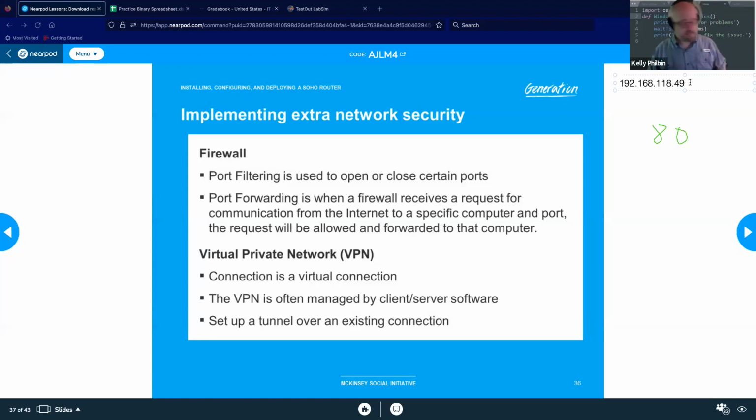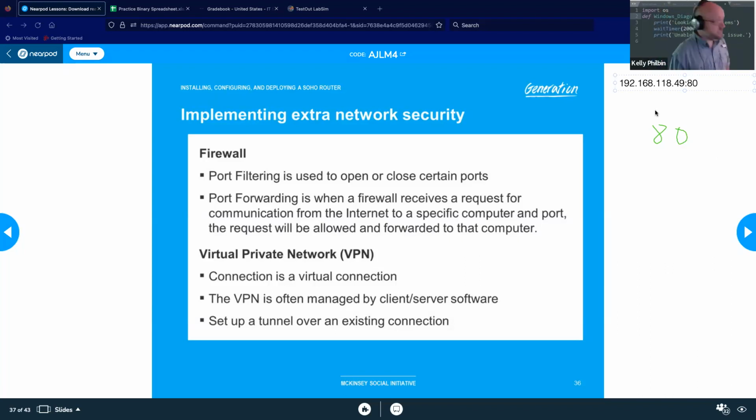And how I would typically interact with this camera is I would go into my web browser and type in 192.168.118.49:80. So that tells me which port I'm going to interact with when I come into this network. And typically that would grant me access to the camera, right?